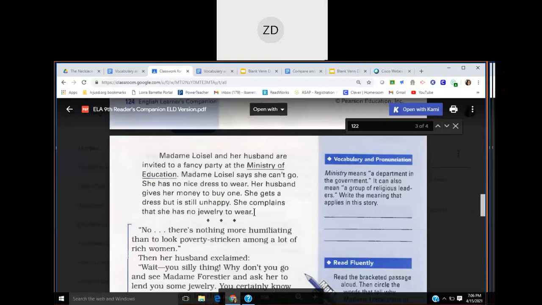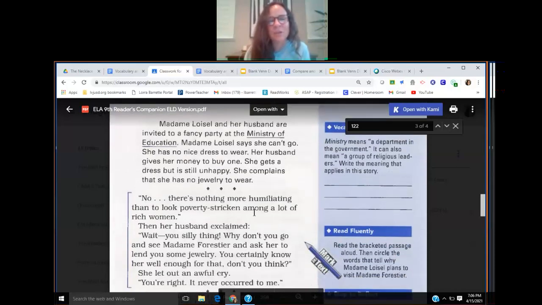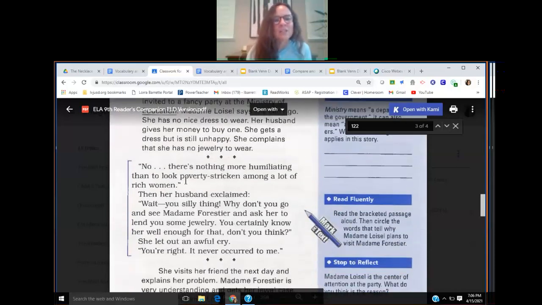And then even after she gets the brand new dress, she wants jewelry. So she's not very gracious, meaning she's not very grateful for the things that her husband is doing for her. Okay, so keep going, Fernanda.